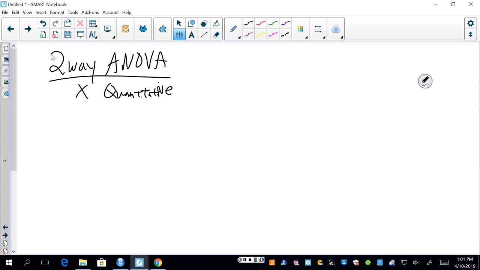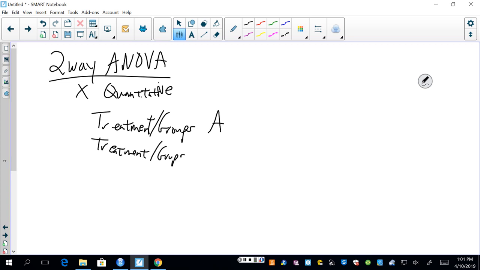And in this case, you can have treatments or groups defined by some first factor, and you can have treatments or groups defined by a second factor.